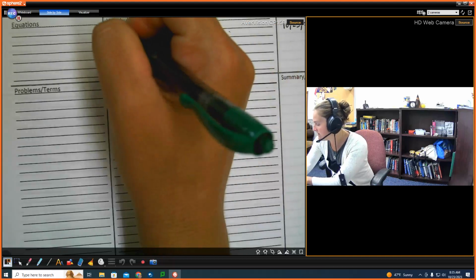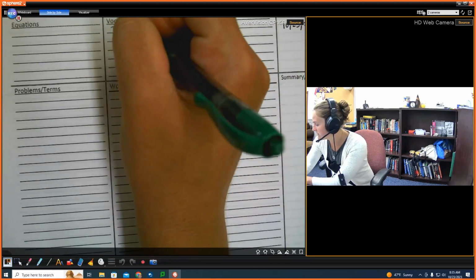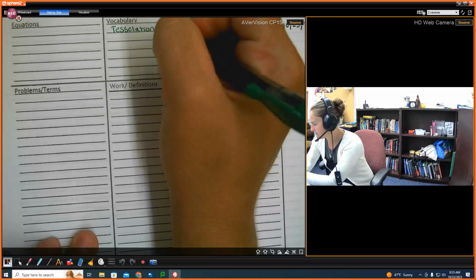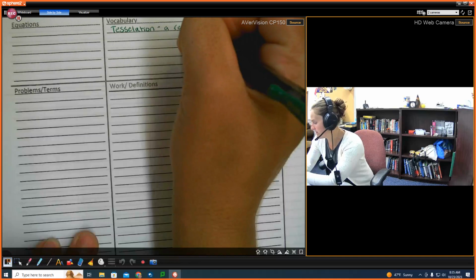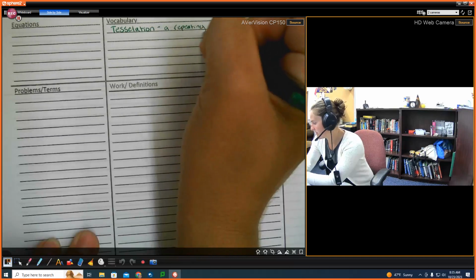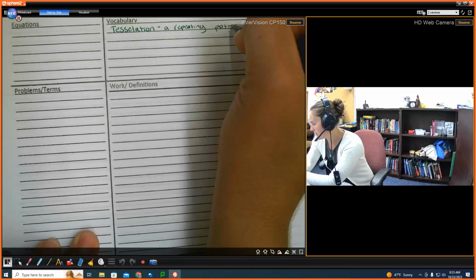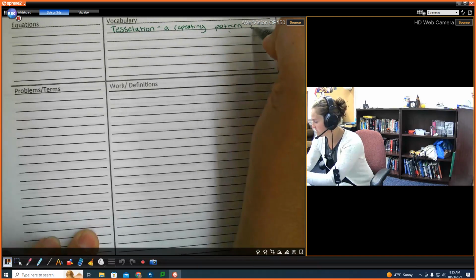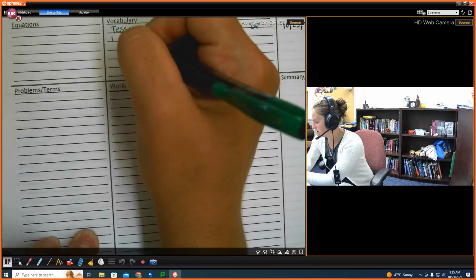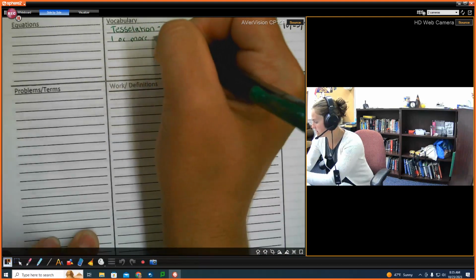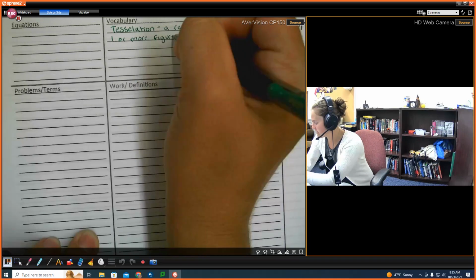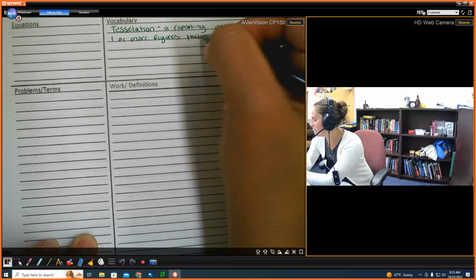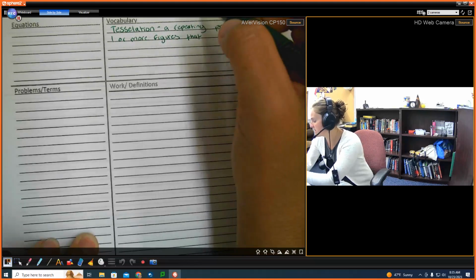So tessellation: a repeating pattern of one or more figures that cover a plane with no overlapping or spaces.